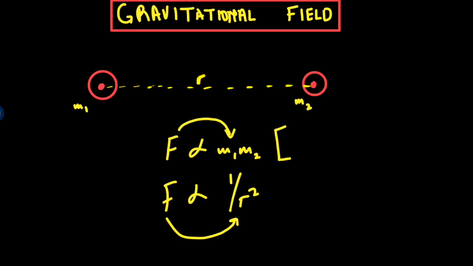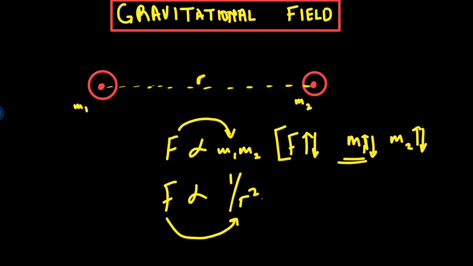What do we mean by direct proportion? It means as you increase the force, the mass of either M1 or M2 will also increase. If you decrease the force, then the mass of the first object decreases, and the mass of the second object decreases.